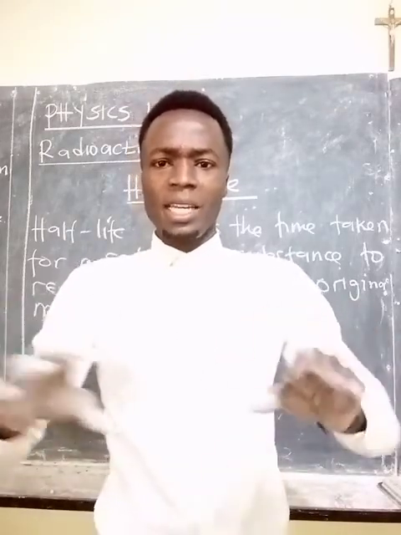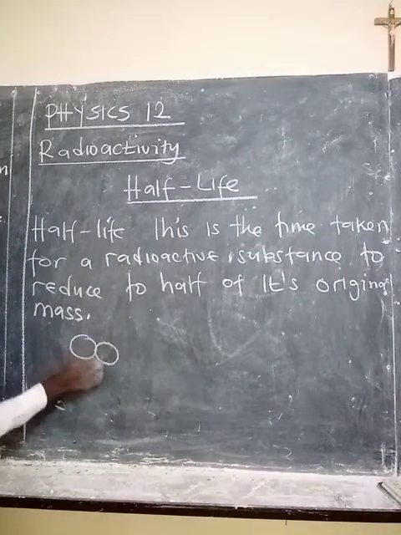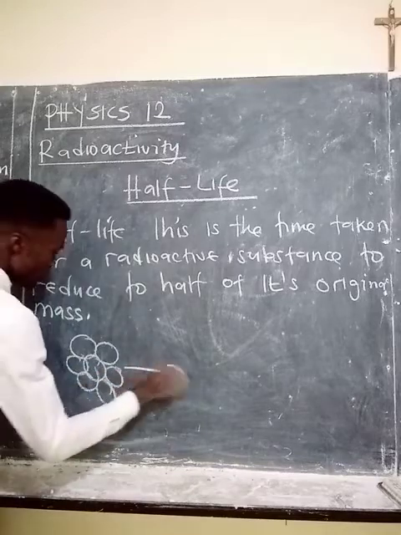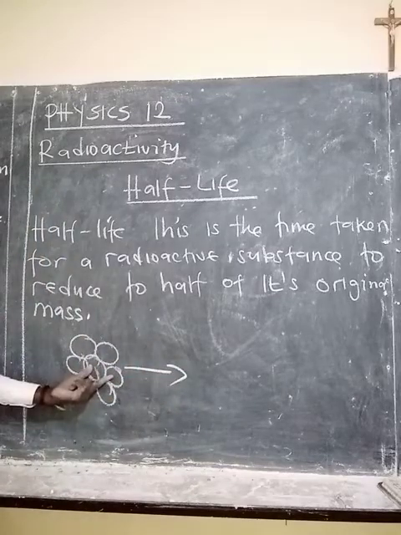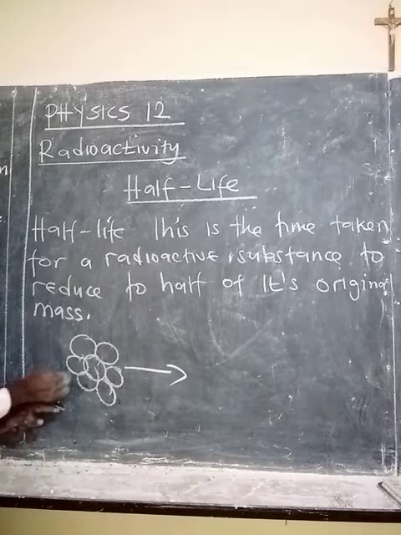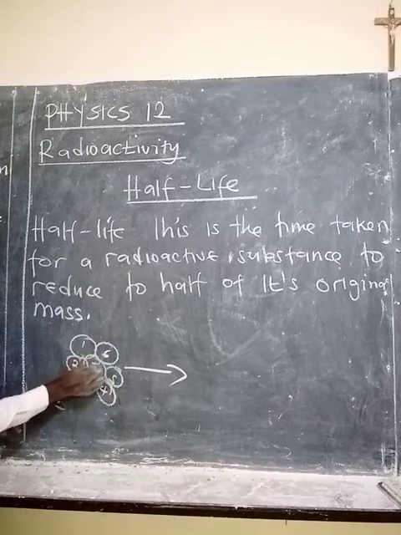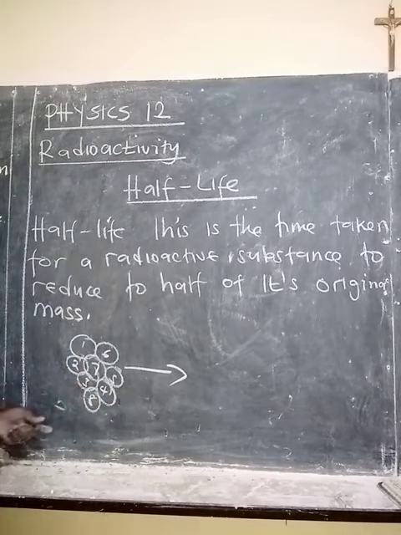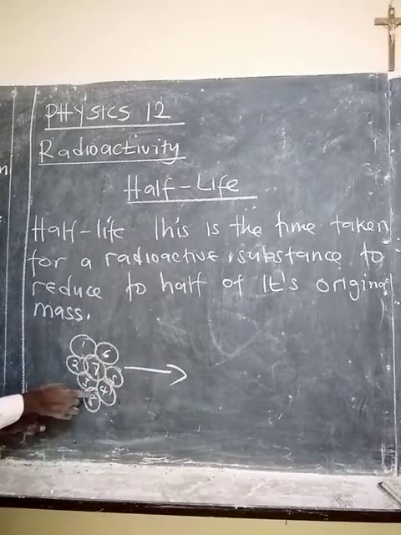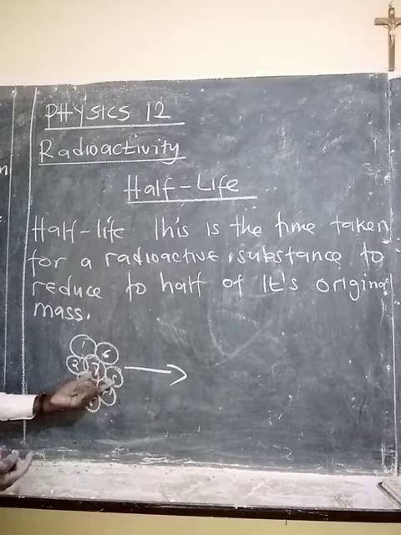So just the time taken. For instance, just for easier understanding, if we take an element that is decaying, it means that if we have 1, 2, 3, 4, 5, 6, 7, 8 atoms, the time that it is going to take to reduce to half of this nucleus layer is what is referred to as a half-life.